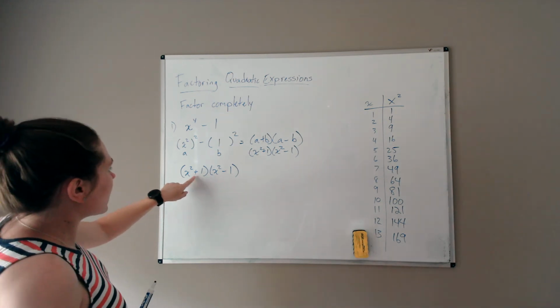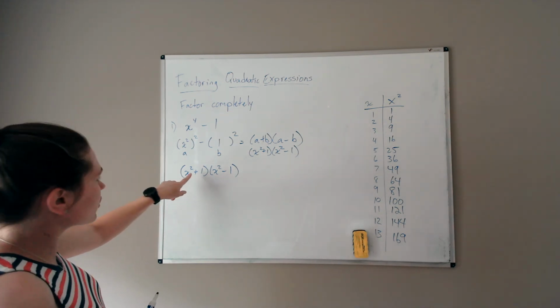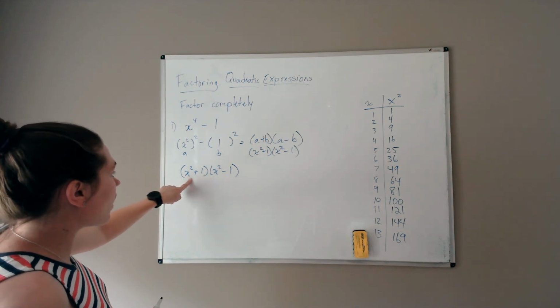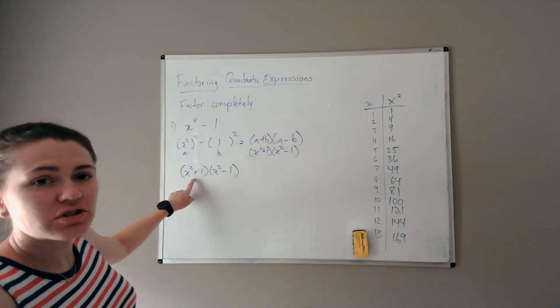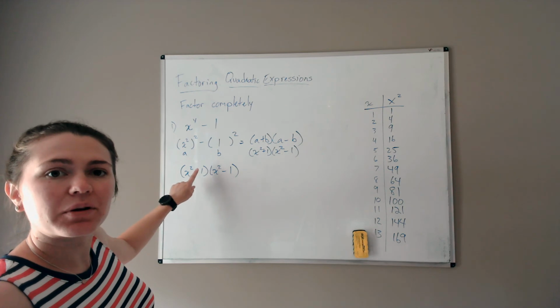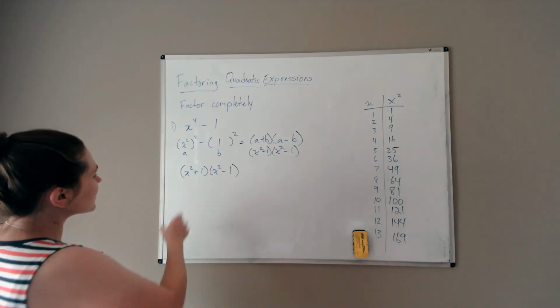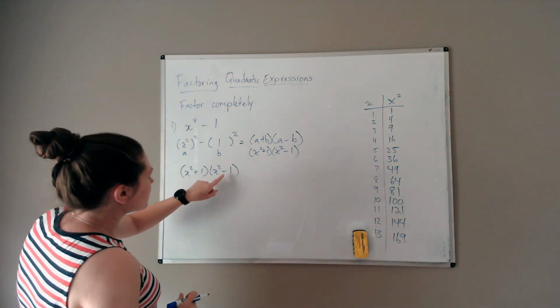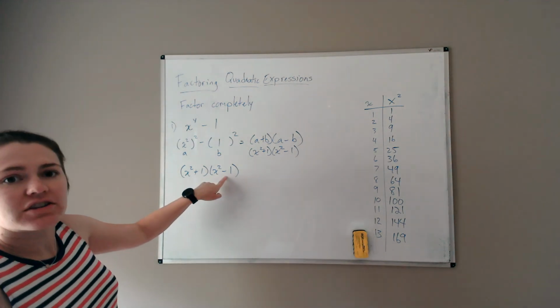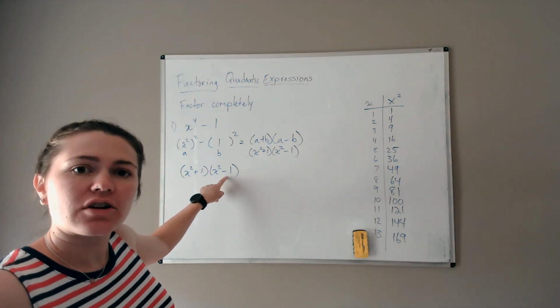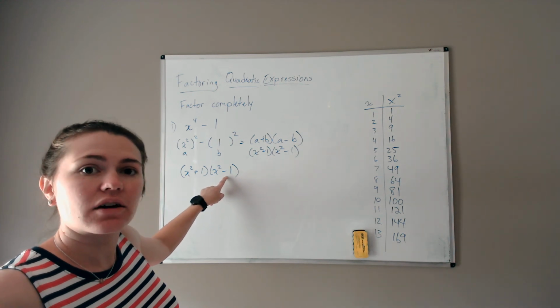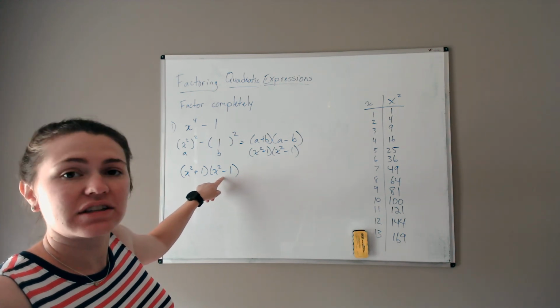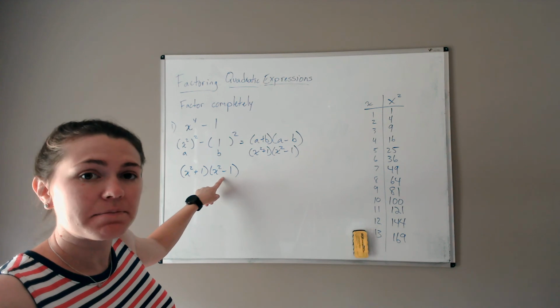Well, it's not a quadratic trinomial, okay? There's no greatest common factor other than 1, and this can't be the difference of two squares because there's a plus sign between them. So this factor is called prime. You can't factor it any further. This factor doesn't fit greatest common factor because there's no other factor other than 1. This isn't an AC method because it's not ax squared plus bx plus c.